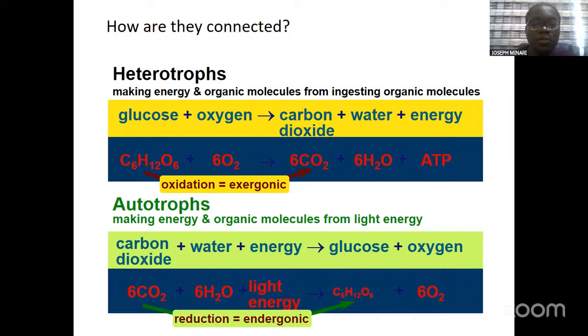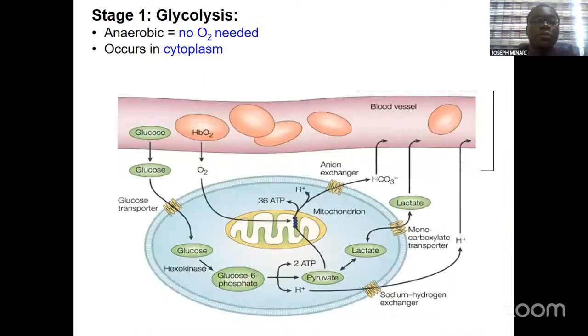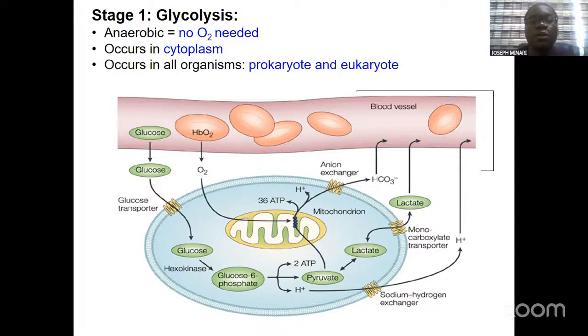Meanwhile, the autotrophs get the CO2 and water in the presence of light and convert them to glucose and oxygen. And so that led to how this glucose is broken down in the organism to produce ATP, which is the currency of the cell.